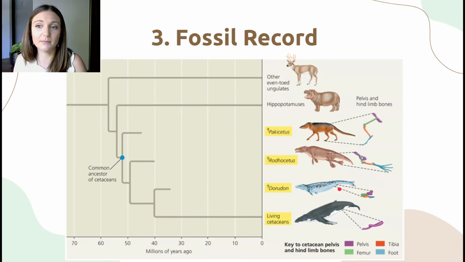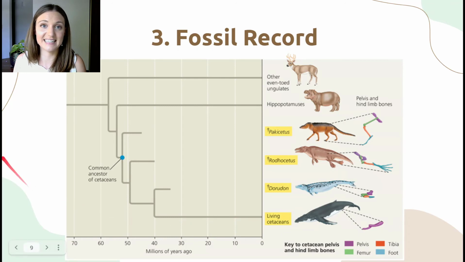It might have a little nub on the outside, okay? To what we have today, the current cetacean, where we have basically just the pelvis left behind and none of these other leg bones. So it gives us a little peek into how species have changed over time. Even if they're not around anymore today, some of those ancestral traits would have been inherited by the current species, the extant species of today.